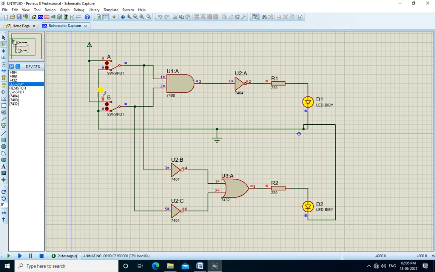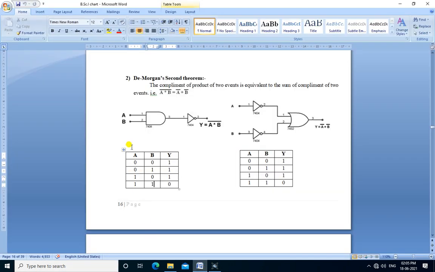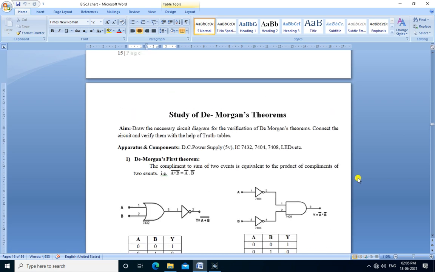A is 0, B is 1, both the outputs are 1, LEDs are on. And if A is 1 and B is 1, both the outputs are 0. So the truth table for De Morgan's second theorem is verified. Therefore, (A dot B) bar is equal to A bar plus B bar. Thank you.